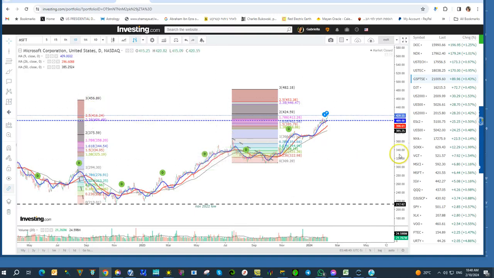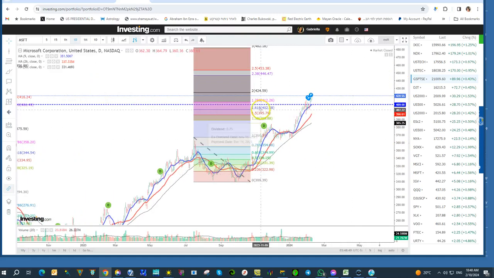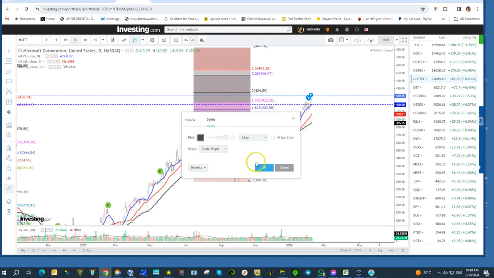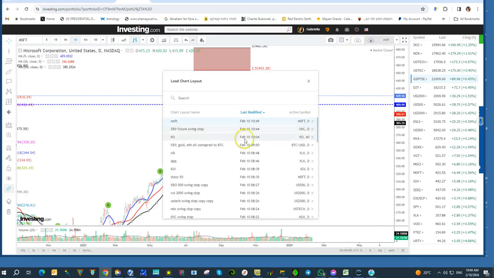If I look at the closer time frame, then the stop is 402 and the targets are all the Fibonacci levels. We can see that here too the moving averages are very strong and one above the other, so no sign of a reversal.